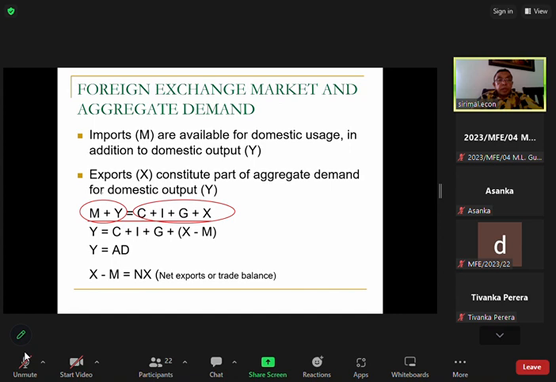And on the demand side, foreign countries also demand part of our produce for their consumption, their investment, and their government spending, which we call exports. So you can see imports are included on the supply side and exports on the demand side.